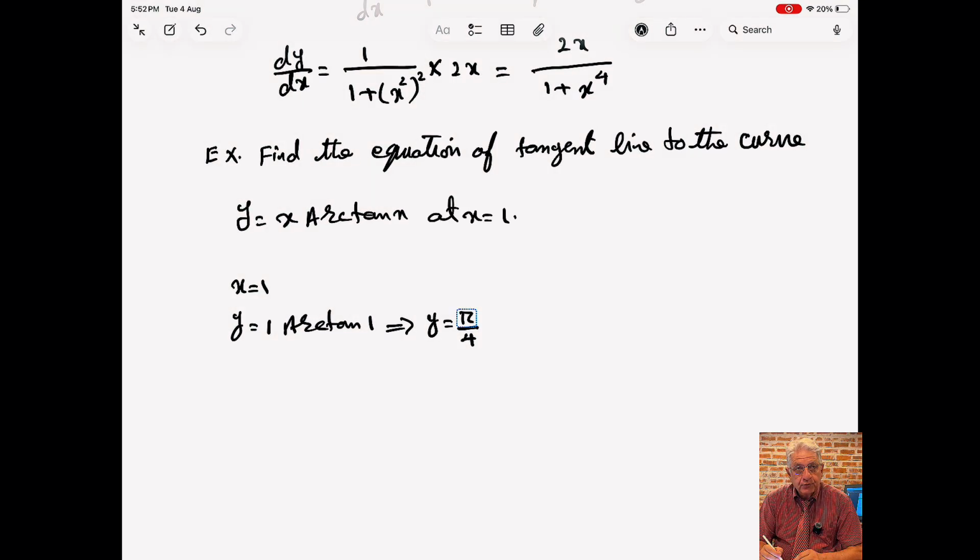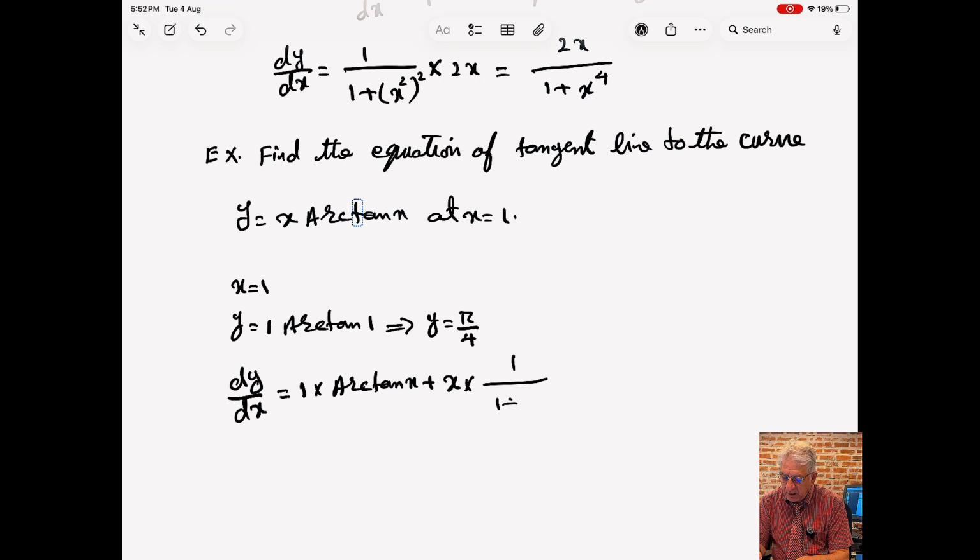Now, I need to find the gradient of the tangent line. Therefore, I need to find dy by dx. You can see that y is a product of two functions. Therefore, the derivative of x will be 1 times the second one, arc tan x, plus the derivative of the second one times x. Now I need to differentiate arc tan, which is 1 divided by 1 plus x squared.